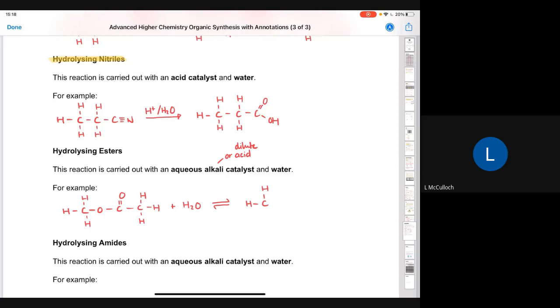The alcohol side will have a hydrogen from the water returned, recreating the hydroxyl group. And the acid side will have the other hydrogen and the oxygen from the water returned, recreating the carboxylic acid. So there's your carboxylic acid being regenerated.